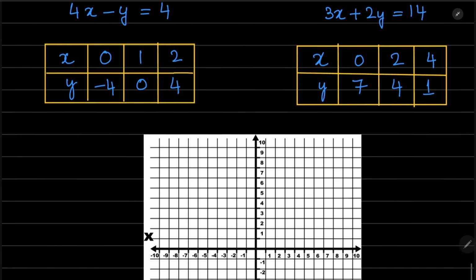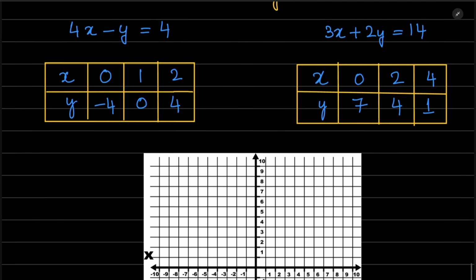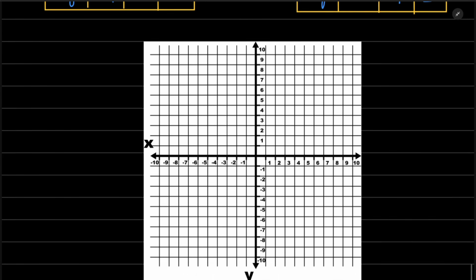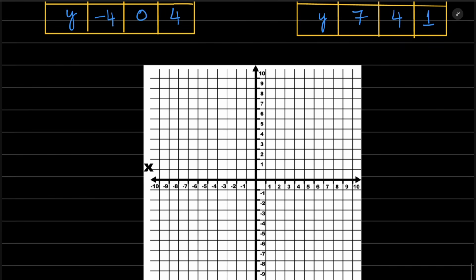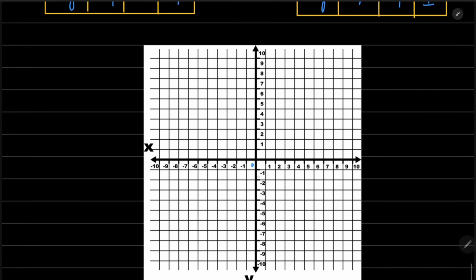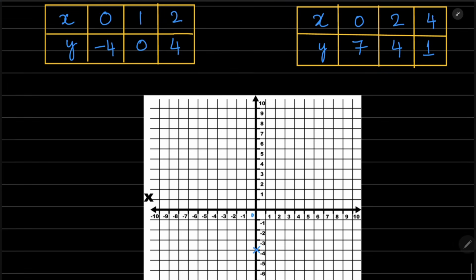So let's plot the lines. For the first equation, 0 comma minus 4. So we have got the graph. You have a 0 here, 0 comma minus 4. This is your first point. Second, 1 comma 0 is here, 2 comma 4.